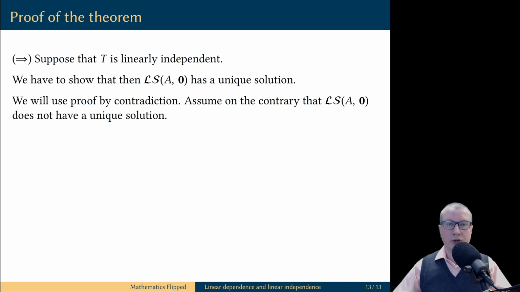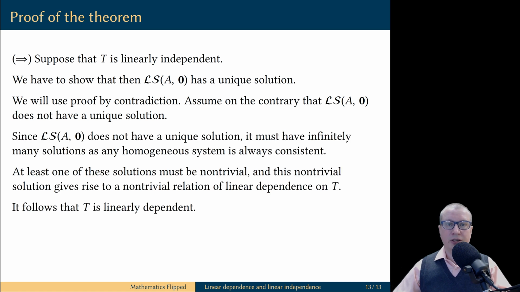Namely, we are going to assume that the homogeneous linear system with A as the coefficient matrix does not have a unique solution. But if a homogeneous linear system does not have a unique solution, it means it has infinitely many solutions. Because homogeneous linear systems are always consistent, they always have at least one solution. Infinitely many solutions means there are non-trivial solutions.